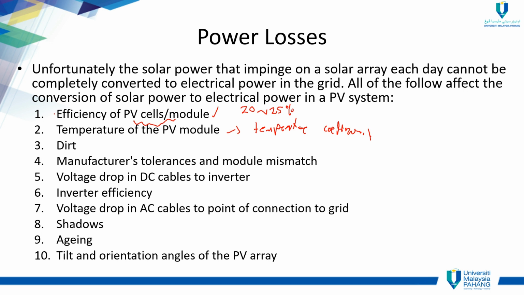Next is the dirt factor. Like I told you, if we plan to install PV in a normal home, in a normal neighborhood, I think 5% is the maximum, maybe 3% or 2%, depending on the location. But if there's construction near your place, or a desert, like near the desert in Arabic countries, the dirt factor is higher because there will be sandstorms and so on.